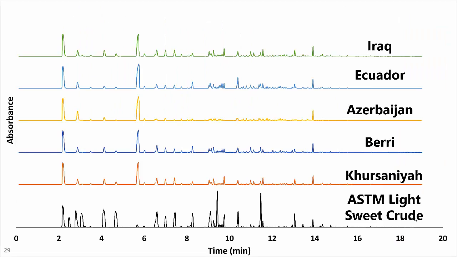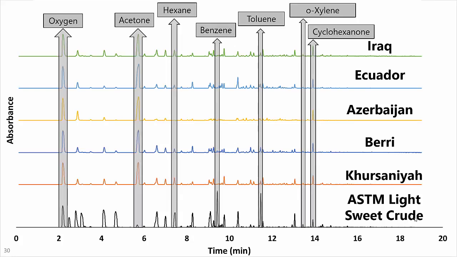So this slide just highlights again the heavy crudes that we compare to the ASTM light sweet crude. And just to call out some compounds for reference, again we see oxygen in the beginning. Surprisingly, these heavier crudes had large amounts of acetone, but then we see other compounds like hexene, benzene, toluene, xylene, and again near the tail end we see the cyclohexanone that was used to dilute methanol.